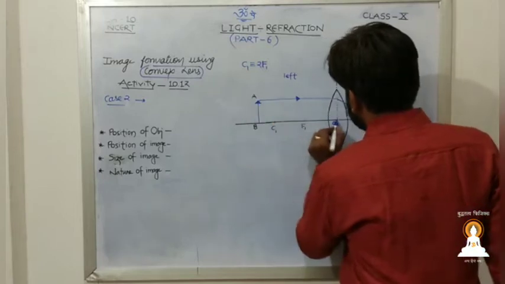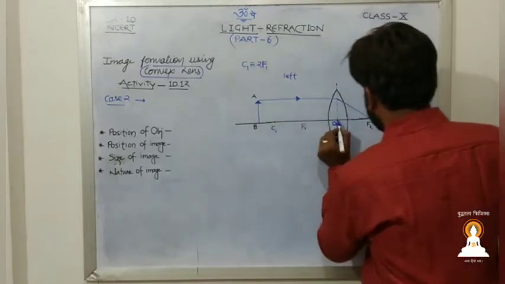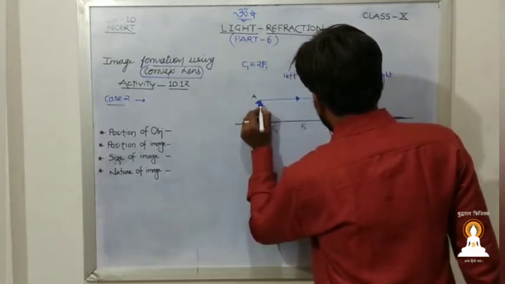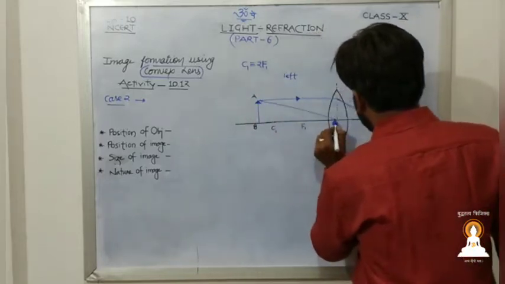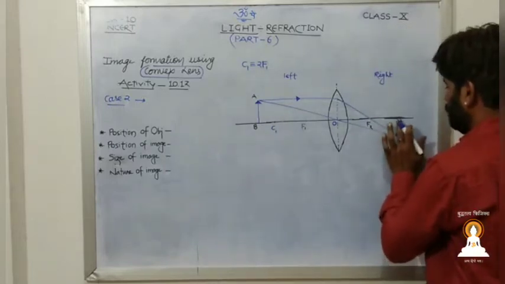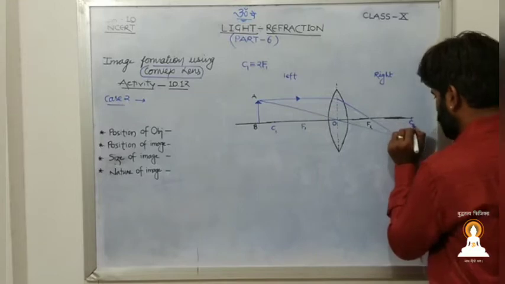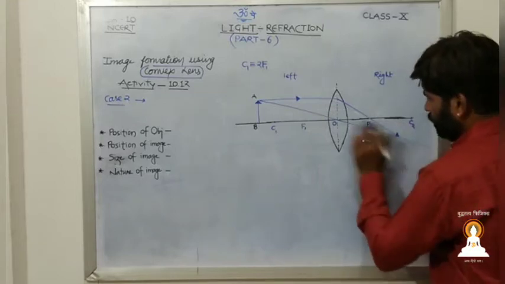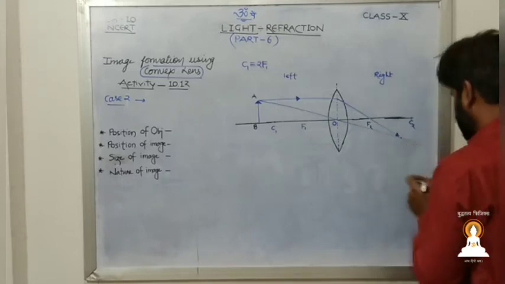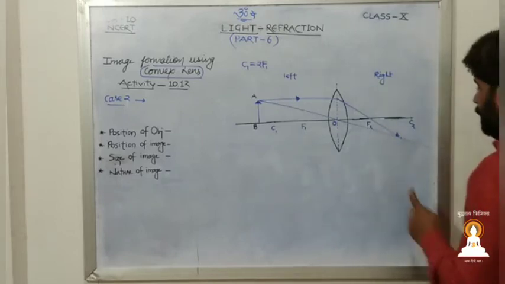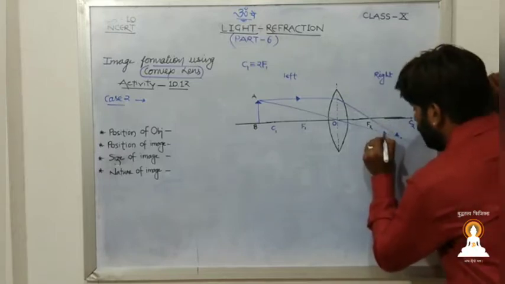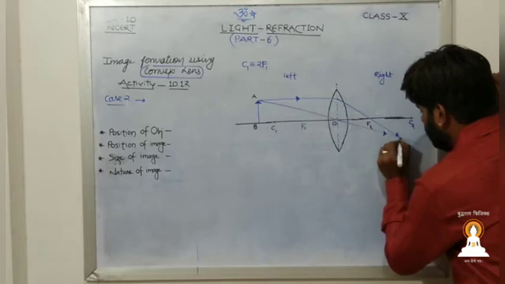Now the next rule, we may say rule number 3, very simple. Light which moves through the optical center will move straight. So the light ray moving towards the optical center will simply move straight. If you draw a measured diagram, you will see that these two refracted lines will cut between F2 and C2.